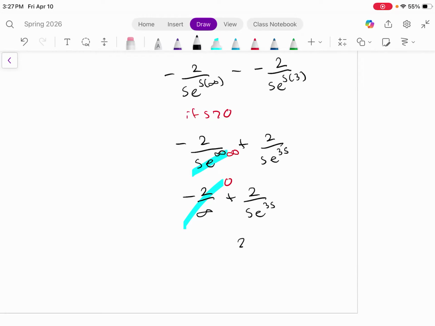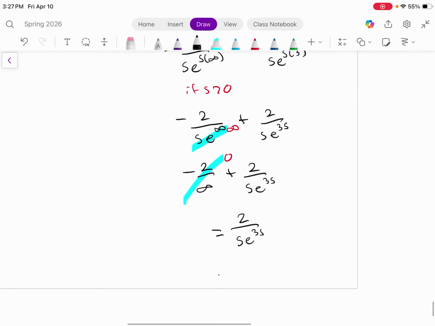So I have 2 over s e to the 3s. The way these Laplace transforms look, they bring the exponent up. So maybe I could bring up e to the 3s. And so the answer could be 2 e to the negative 3s all over s. And that's our Laplace transform.